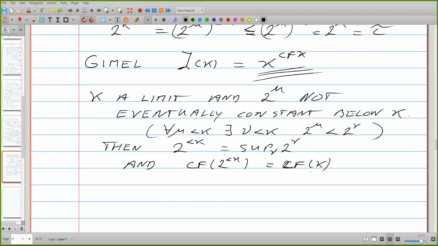Okay, and what do we know about 2 to the kappa then? Well, 2 to the kappa is 2 to the less than kappa to the cofinality of kappa, and that is equal to this, it looks pretty ugly, Gimel of 2 to the less than kappa. We proved this only for singular kappa, but it's definitely also true for regular kappa, because for regular kappa, cofinality kappa is equal to kappa.